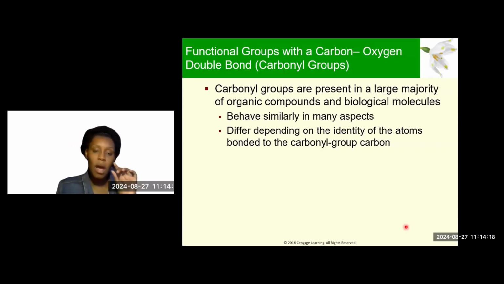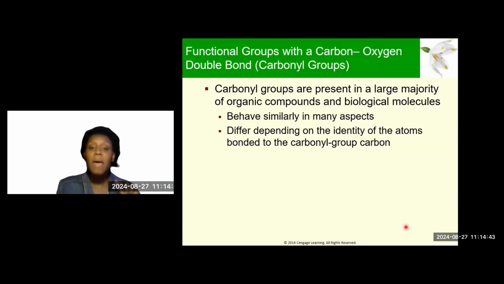Now, in this class, in part 2, because it's towards the end, sometimes we don't get to study it as much, but I empower you guys to look at the patterns so that you're able to recognize these carbonyl groups and the functionality of these carbonyl groups. So all of these compounds in this classification behave similar in many aspects.